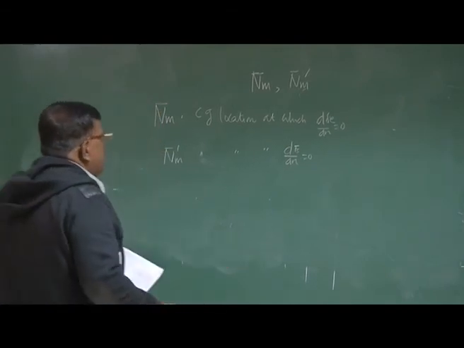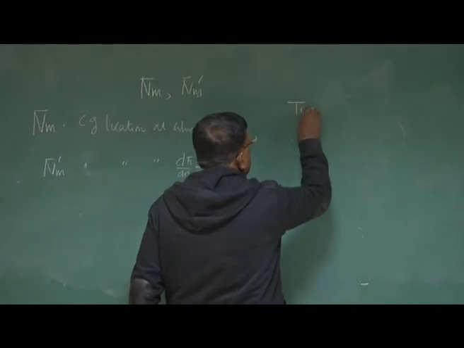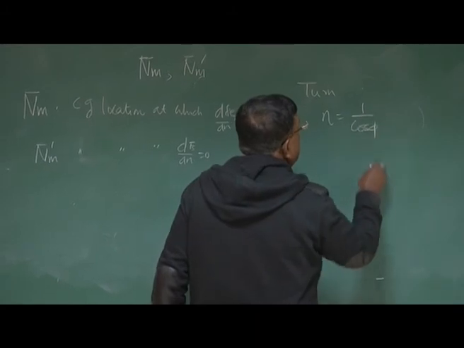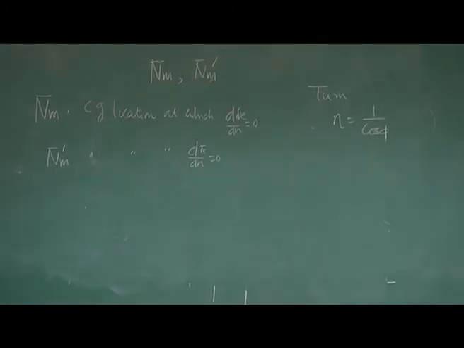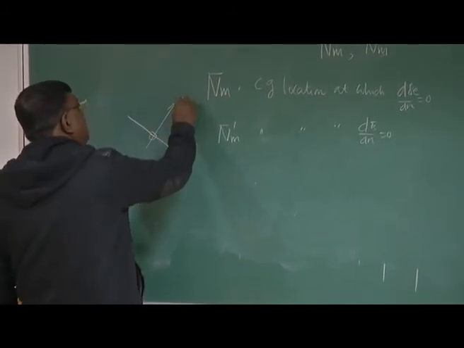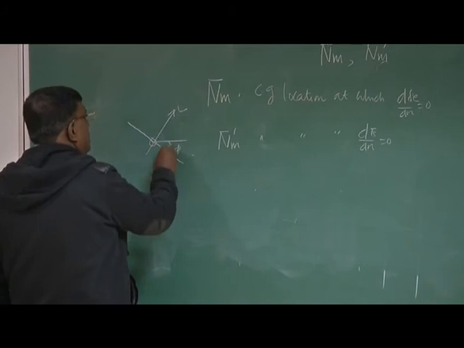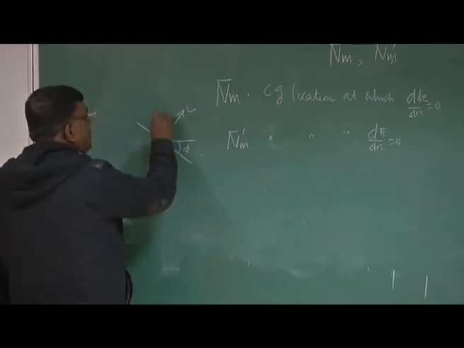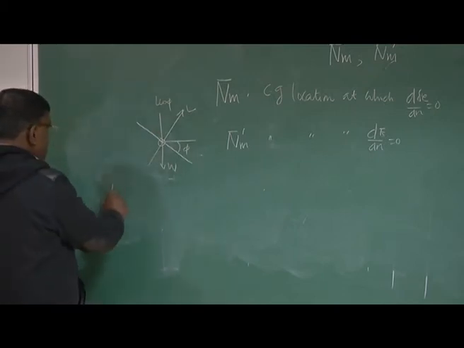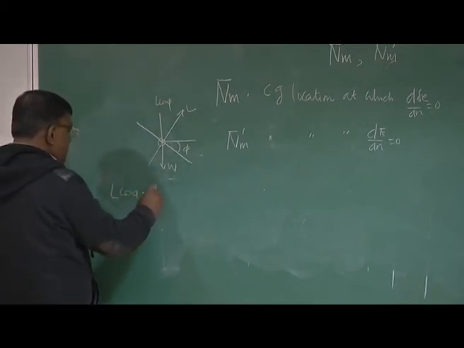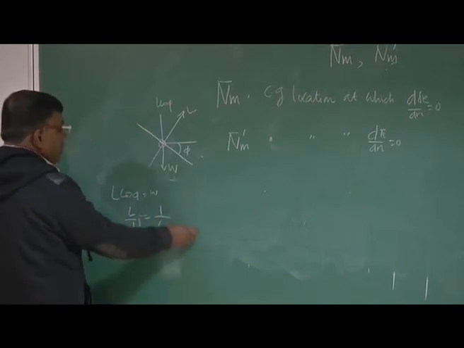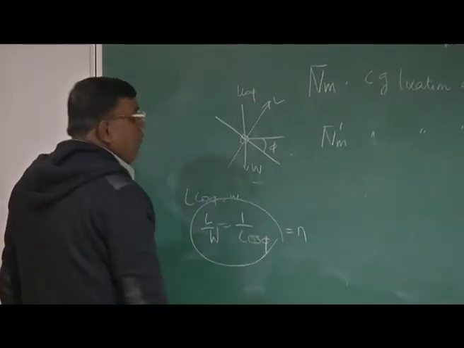When I do a bank and turn, or turning flight, then you know n is 1 by cos phi, which we have seen. Right? Let's say L cos phi equals W. So if this is your airplane, this is the lift, this is the phi. If it is the W, this will be L cos phi. So L by W is equal to 1 by cos phi, which we know L by W is nothing but n, the load factor.